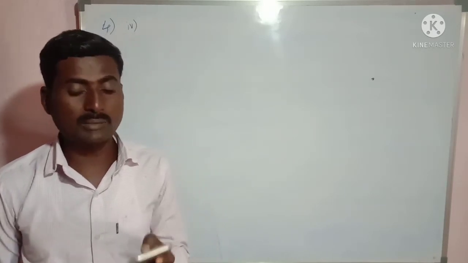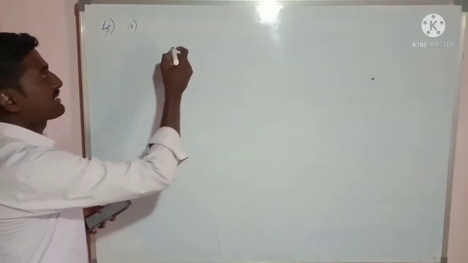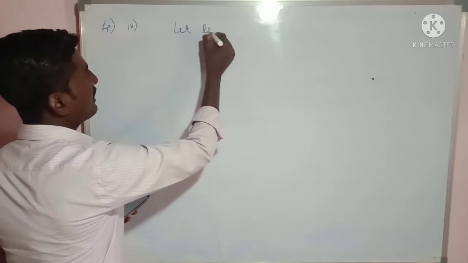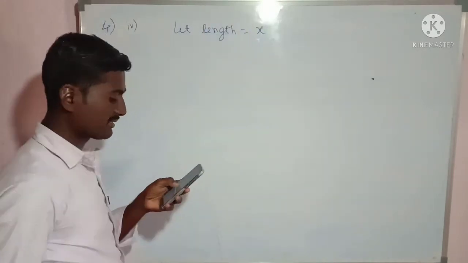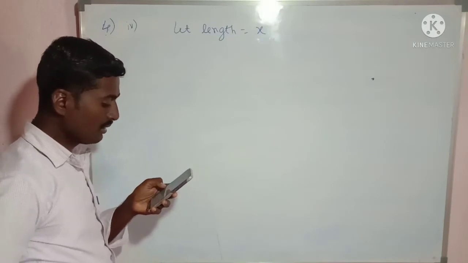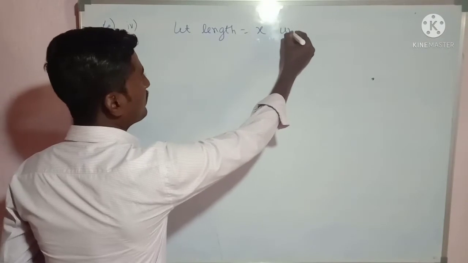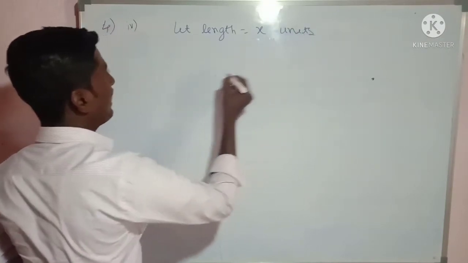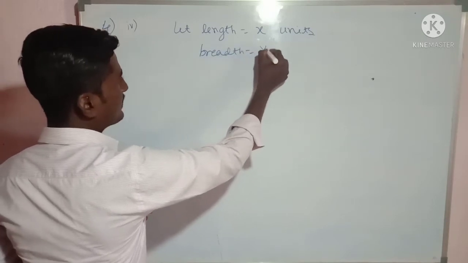Find the dimensions of the rectangle. Let us take the dimensions of rectangle as x and y. Let length of the rectangle be x units, they have given units, and breadth I can take as y units.